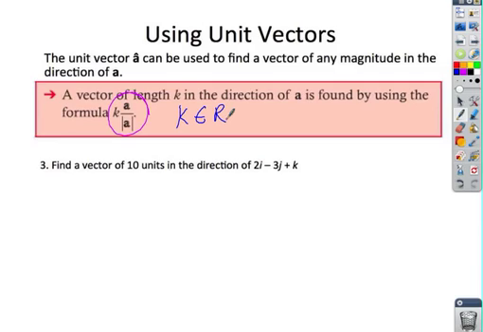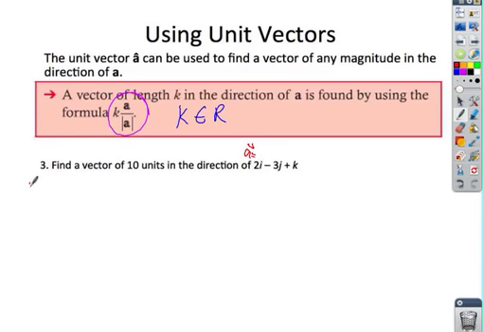All right? So now to find a vector that's 10 units long in the direction of this vector, 2i minus 3j plus k. Again, easiest if we can just name it. So I'll just call this vector A. A is equal to that.